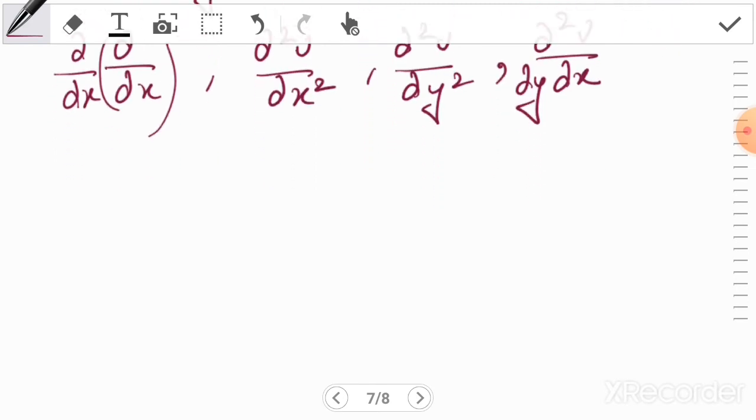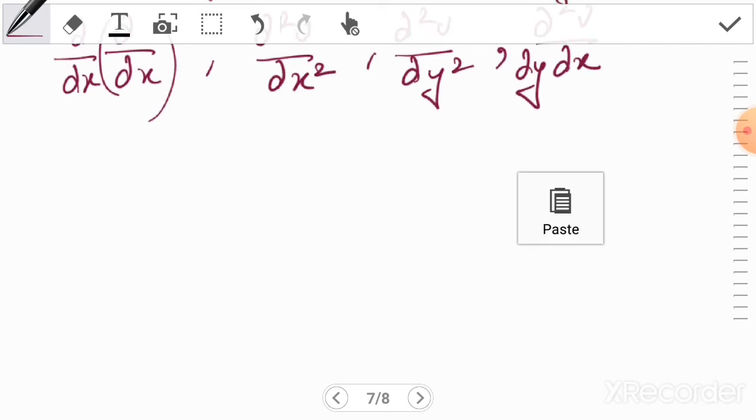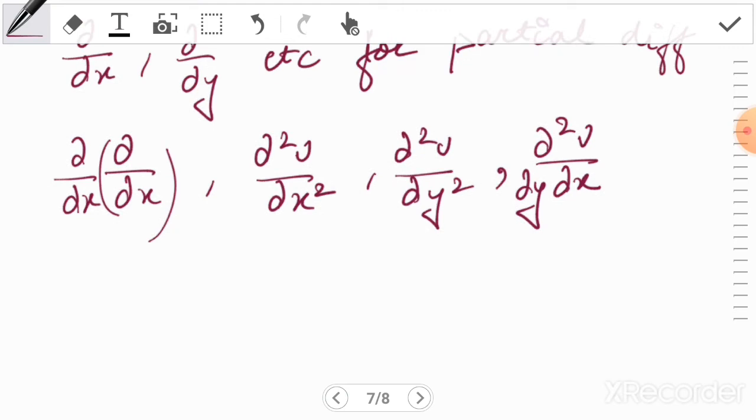If f, fx, fy and its partial derivatives are continuous, then del square u by del x del y is equal to del square u by del y del x. So the order of differentiation is immaterial.